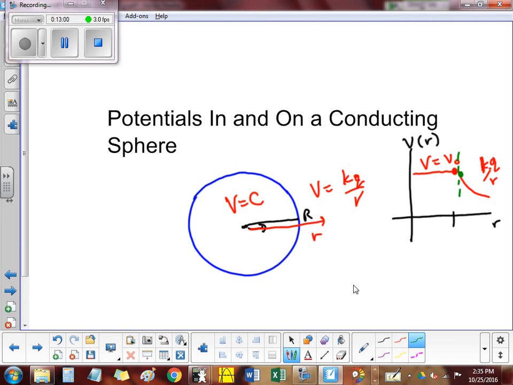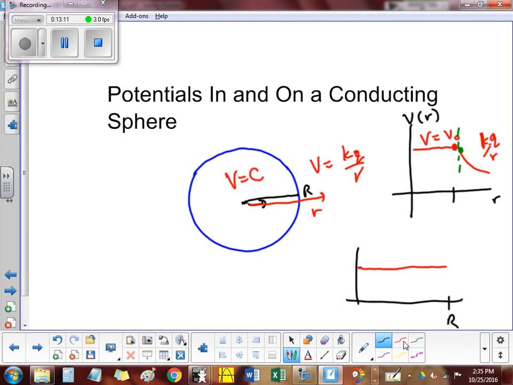And we said a minute ago that this flat line is going to go until we hit r equals R. As soon as we hit r equals R, that voltage on the surface is exactly the same as inside. So that's a closed point. But then after that, how close do you have to be before it's considered a finite potential? Is it infinite potential, or is it finite?